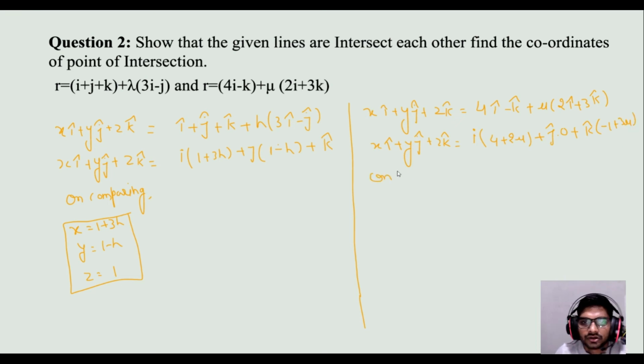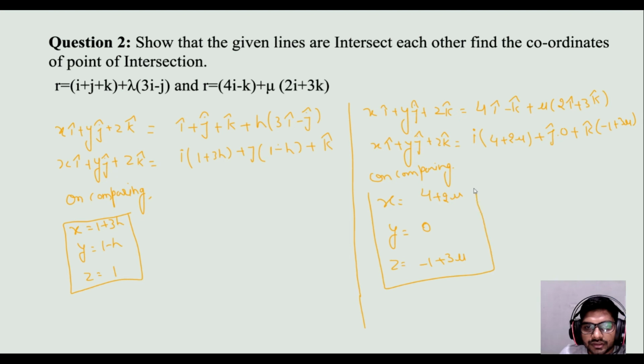On comparing, x equals 4 plus 2 mu, y equals 0, and z equals minus 1 plus 3 mu. So this will give it like that.